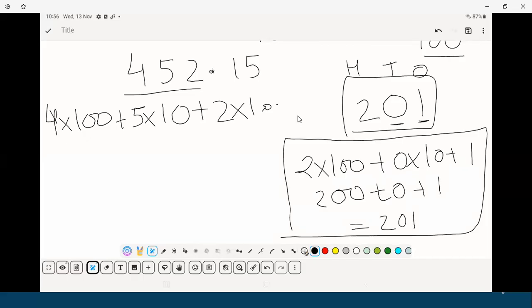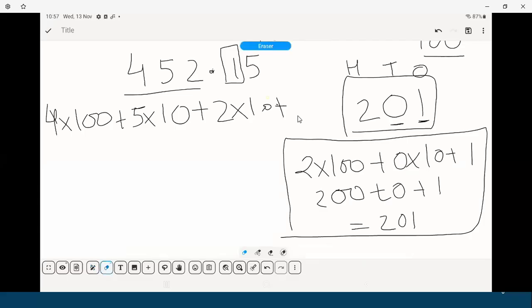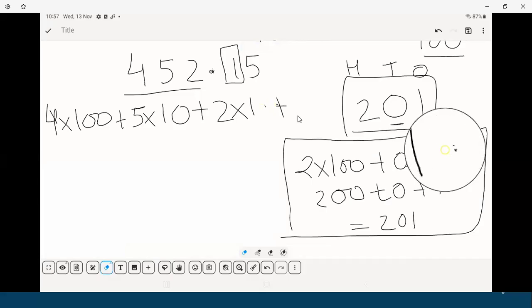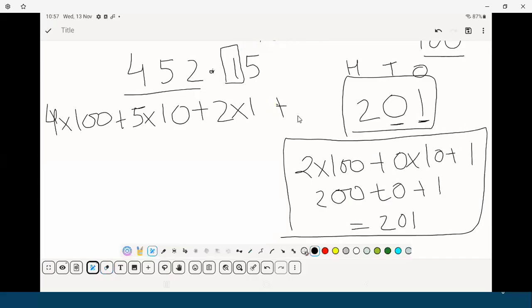As we know, the first position of the decimal is represented by the denominator 10. So we will write it as 1 by 10.